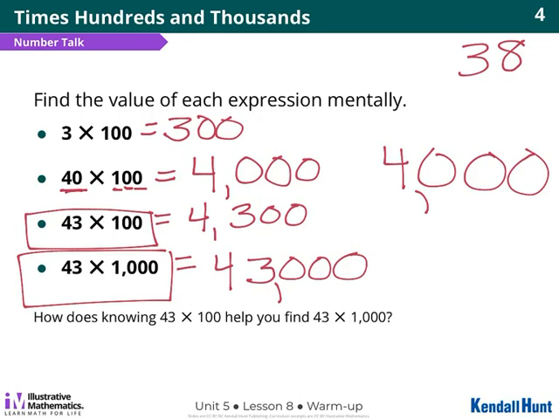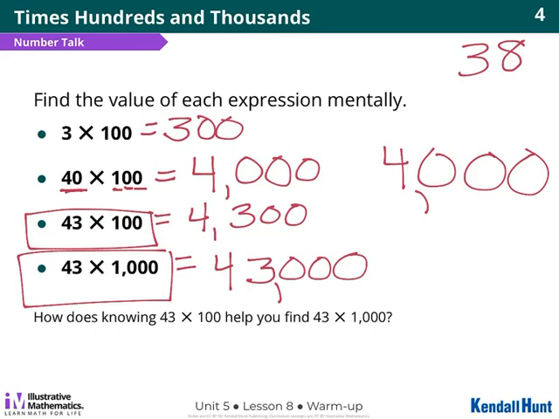So what it helped me was to find this 43,000. So I just moved the 3 up and then placed the 3 with a 0. It kind of helps me know that I'm just adding basically another 10 or 100 or 1,000.